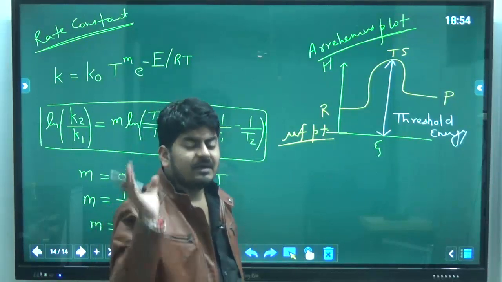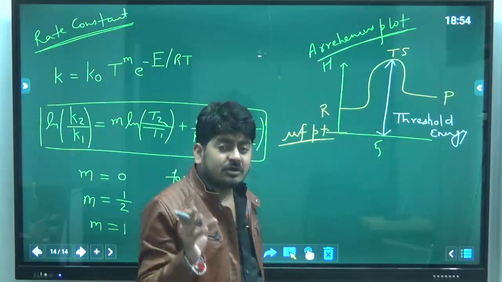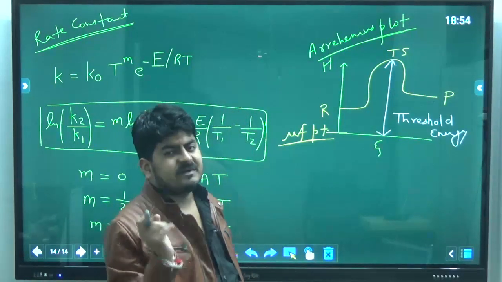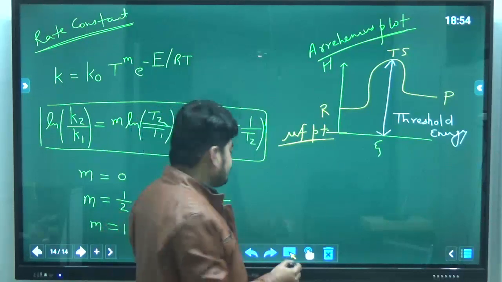Or you can say the total energy required by the molecules to break the old bonds from the reference point is called threshold energy.